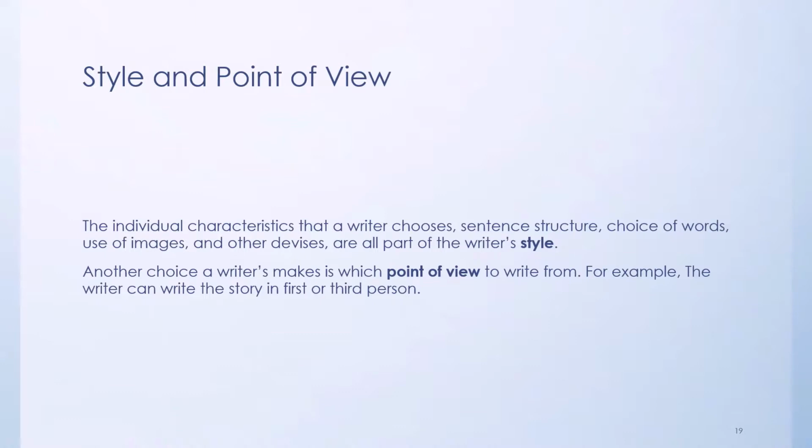We kind of talked about style a little bit before in another lesson. Style is also the choice of words, the opinion, and the tone that the writer uses to tell the story.